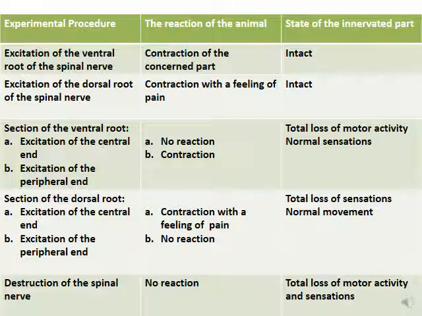So in the dorsal root, the nervous message propagates in a centripetal manner toward the central nervous system, spinal cord and brain, and then to the muscle or the effector organ. So you have to know that the nervous message propagates in a centripetal manner in the sensory dorsal root, while it moves in a centrifugal manner in the motor ventral root.